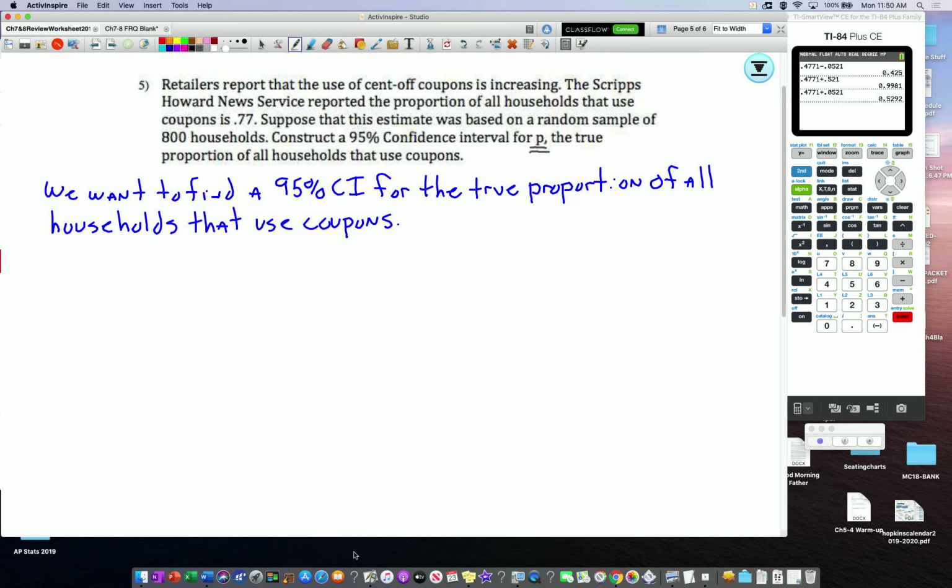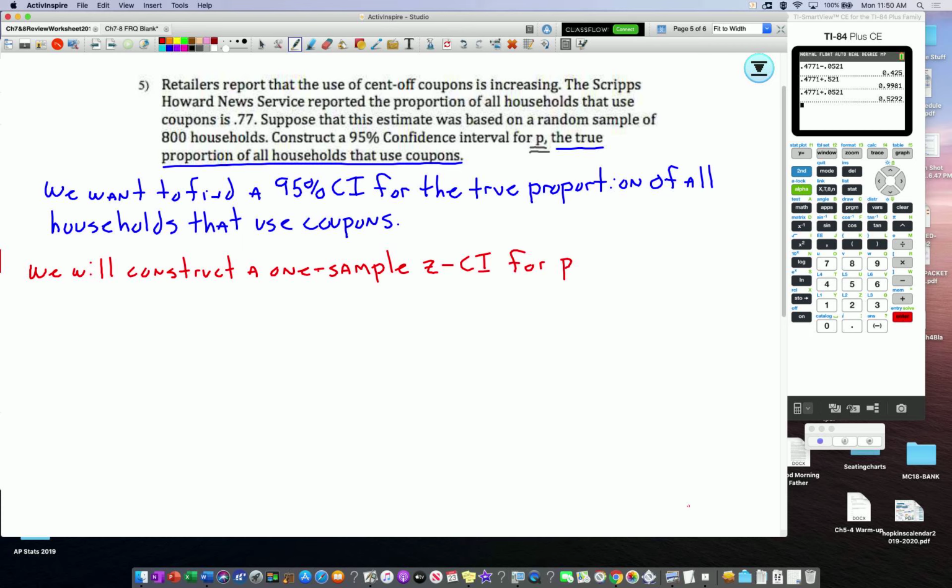I'm just stating it right from here. I go to the problem and use the context with what it's given to me. So we will construct a one-sample, since we're dealing with a proportion, z confidence interval for a population proportion p.